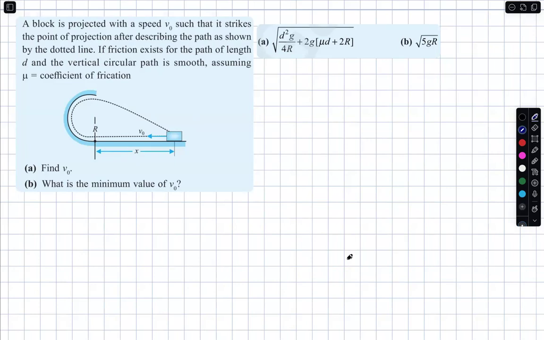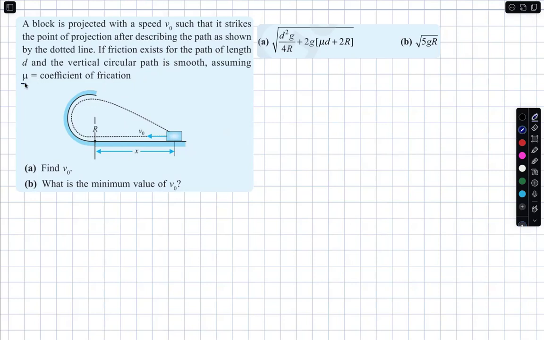A block is projected with a speed v naught such that it strikes the point of projection. It strikes the point of projection, meaning this point. Friction exists for a path of length d, and the vertical circle, this entire part, is smooth.